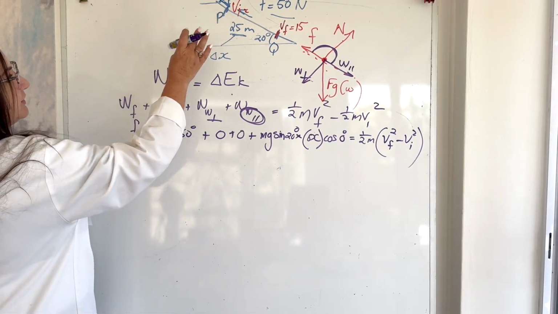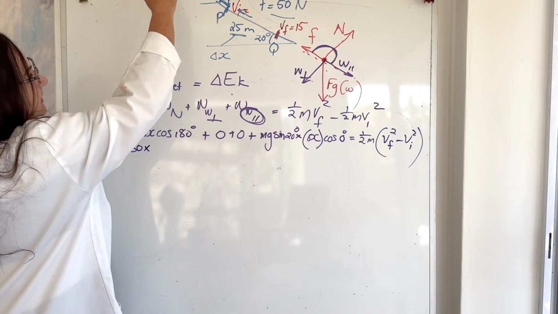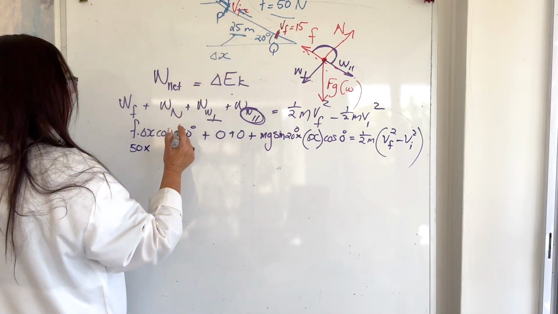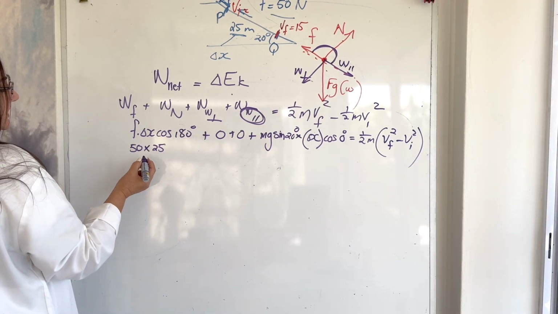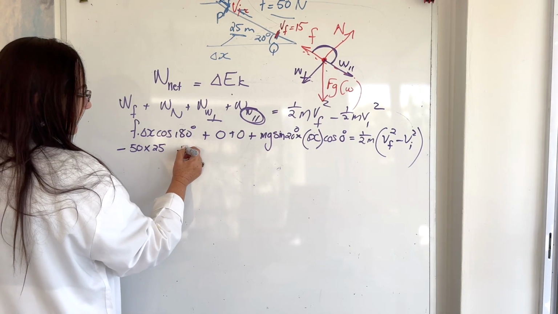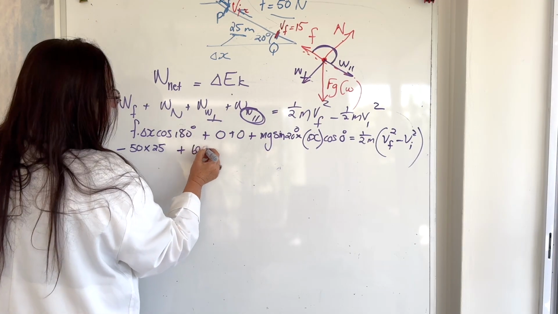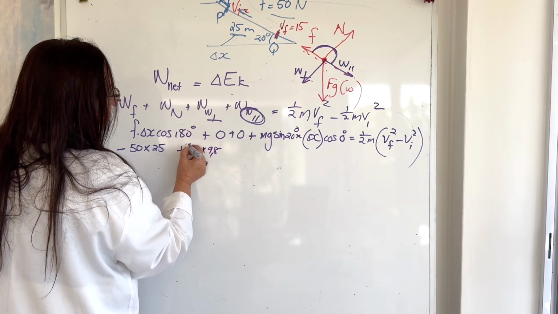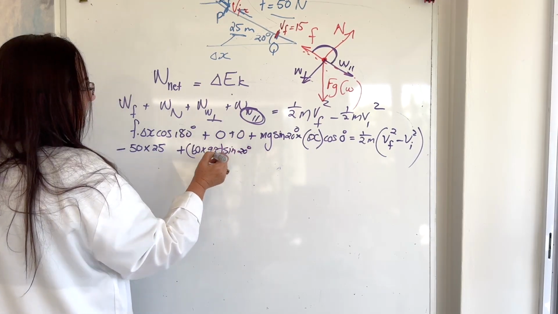So let's start with our substitution. We've got the friction force as 50 newtons times the displacement, 25, cos 180 degrees gives it a minus. Plus, the mass we've got as 60 times 9,8 for my weight, sine 20 degrees.